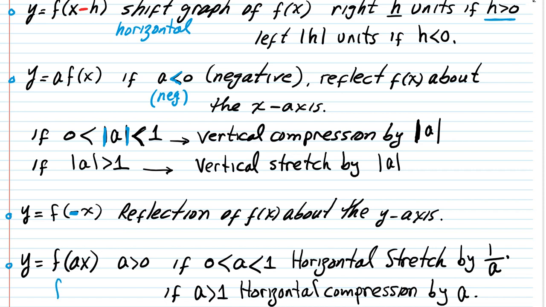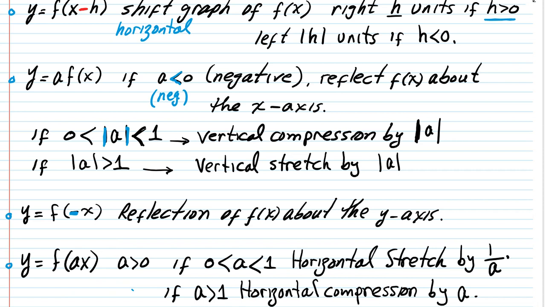So for example, if I have f of negative 2x, the negative part causes a reflection, and then I just think of f of 2x and see what the 2 does to that function. Notice again, the value of a is inside parentheses, not on the outside.